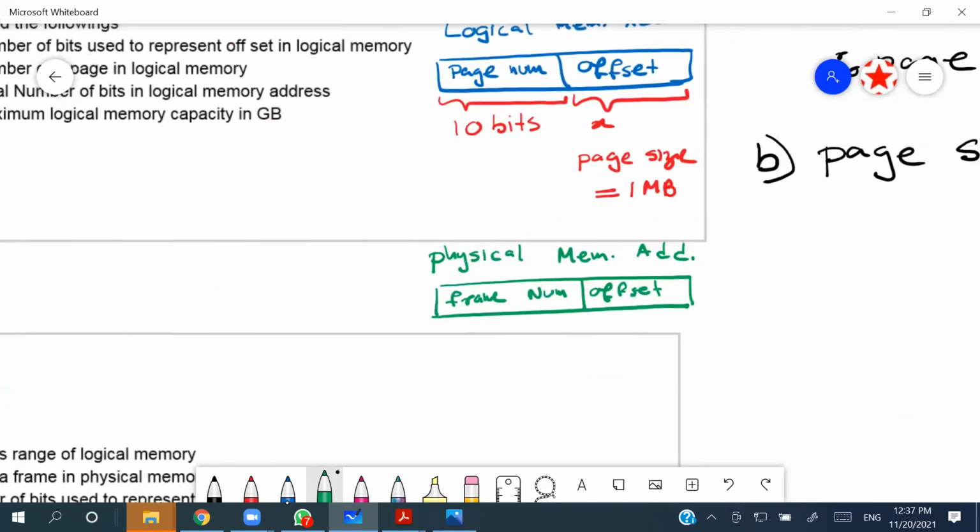We don't know the value of this, so let's take it by bits. The offset is going to be X again. We don't know what X is yet, but it is going to be X again, because the page size and the frame size are going to be the same, right? So we don't need to mention it over here. So this is the situation.